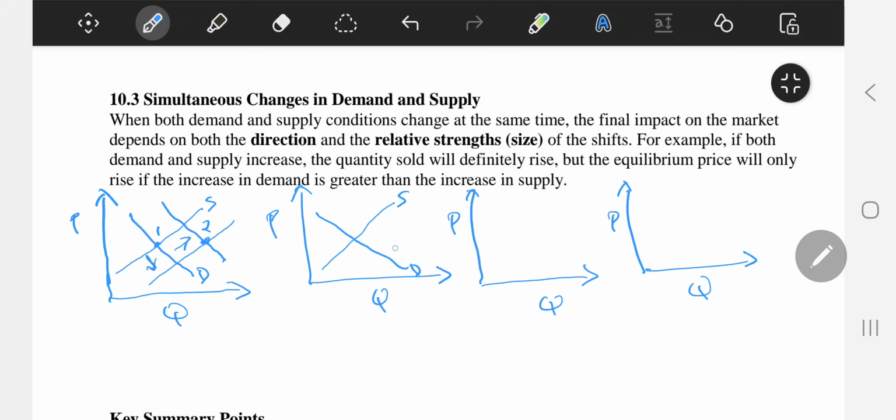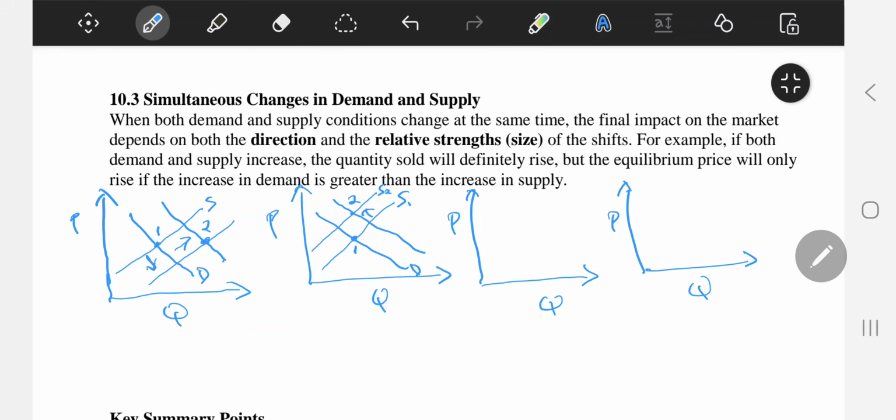Let's look at another scenario where we have the demand curve again and the supply curve. This time I'm going to shift the supply curve to the left, so the supply curve is shifting backwards, and I'm going to shift the demand curve to the right. Let's first identify that this is our initial point, point 1, and then we move to point 2.